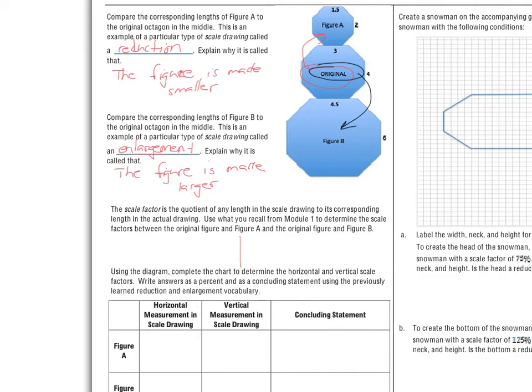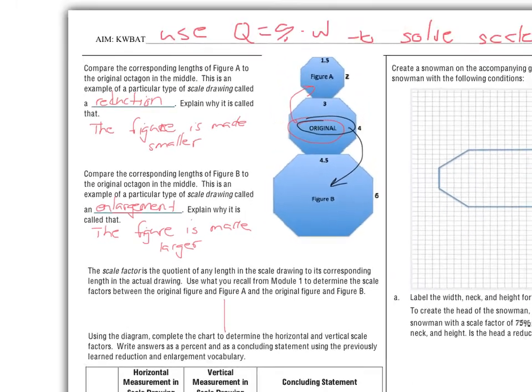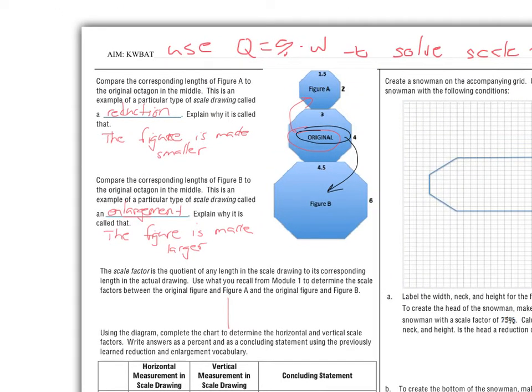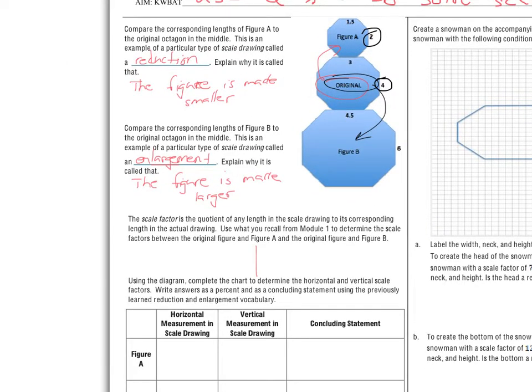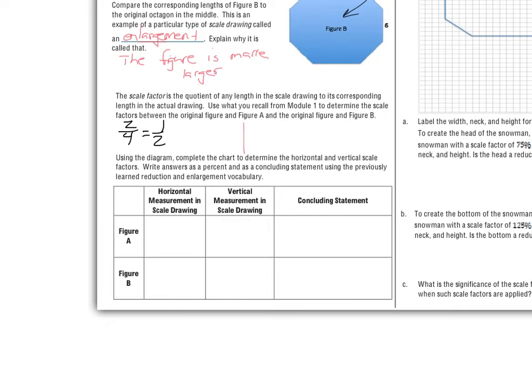So as we look at this example, and we look at the scale of the height of this, we would see these are corresponding sides, the vertical corresponding sides. Our scale is 2 to 4. Again, this is the scale to the actual, which is equal to 1/2. So that's just one example.